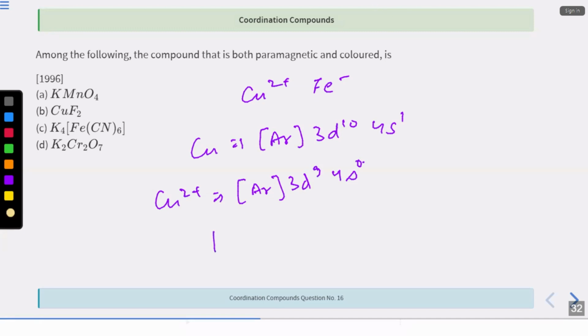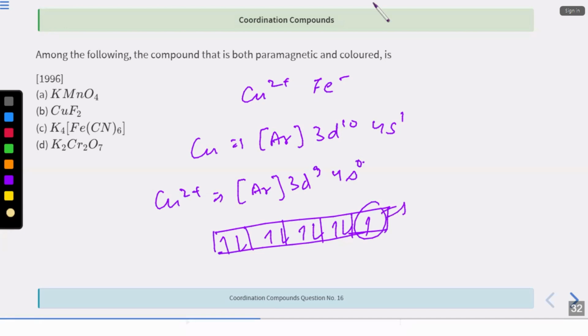So it would look like this: 1, 2, 3, 4, 5, 6, 7, 8, 9. So this is paramagnetic because of the unpaired electron.